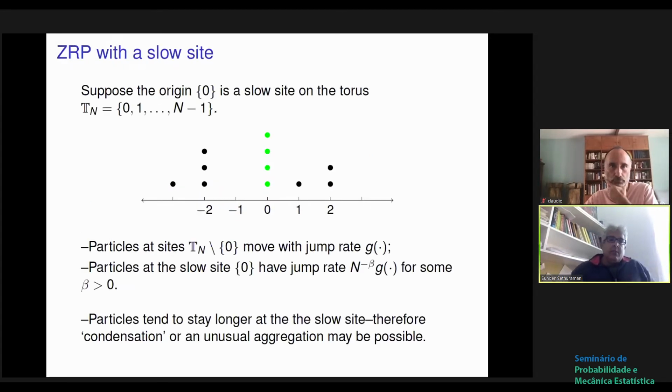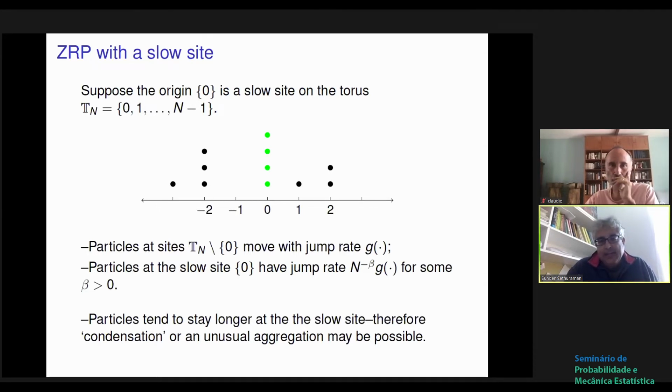Okay, so let me start with the model, and this is familiar to many of you. But for those who may not have seen it, the zero range process is a collection of continuous time random walks, let's say on an integer lattice. We'll be working in one dimension, just even on a torus. So 0 and n will be identified, and the number of particles or random walks at each location has no upper bound.